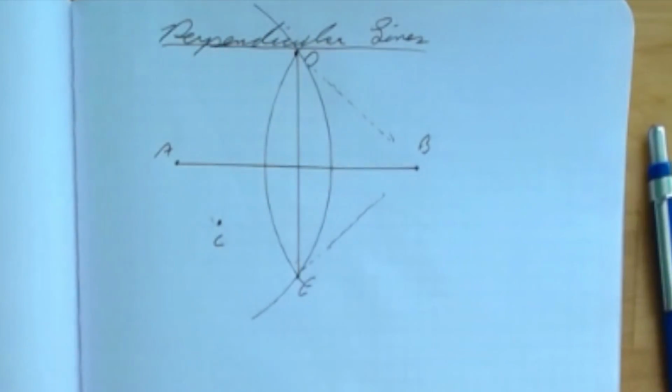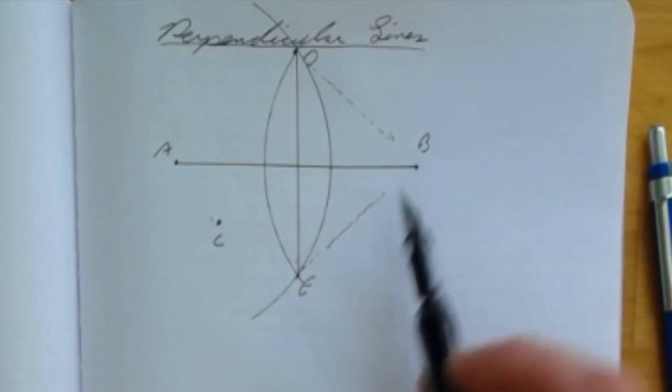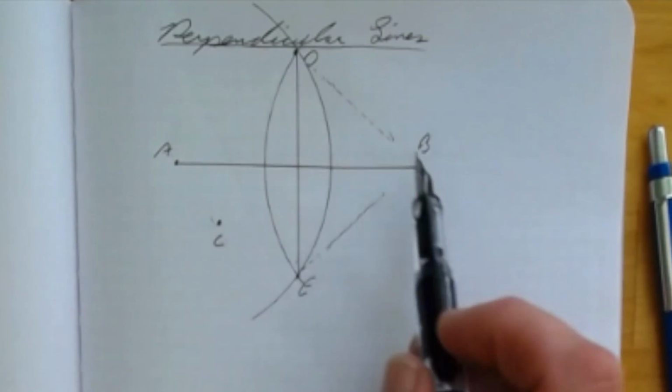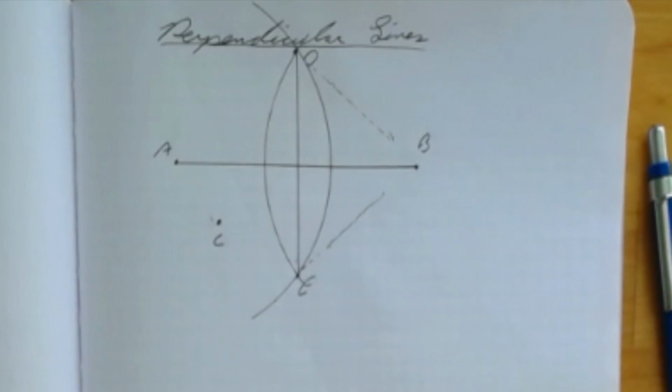So I know that E is an equal distance from B as it is from A, and D is an equal distance from B as it is from A.